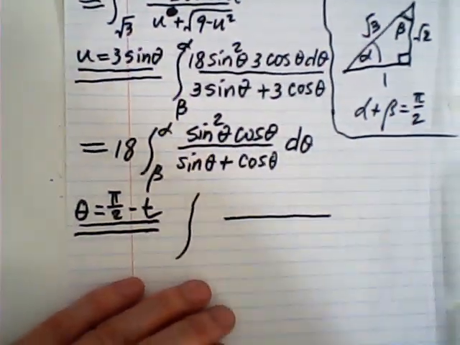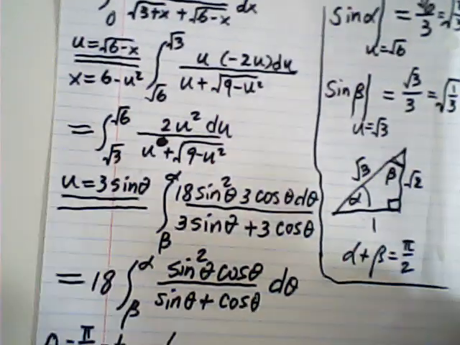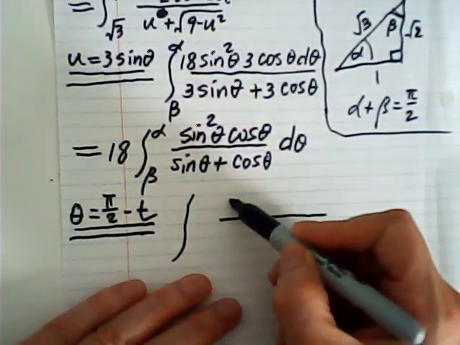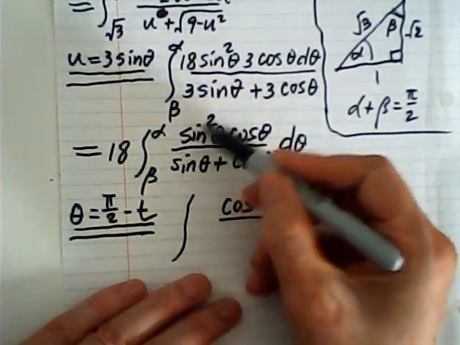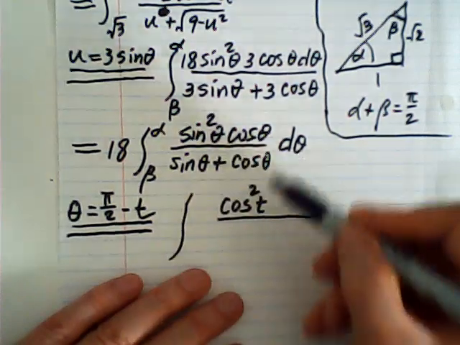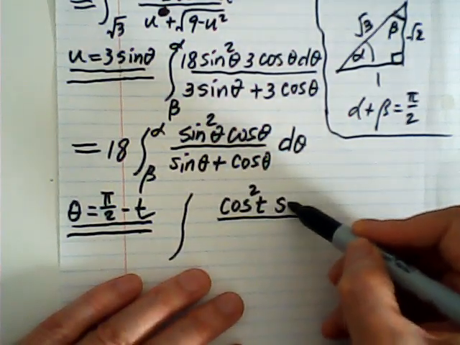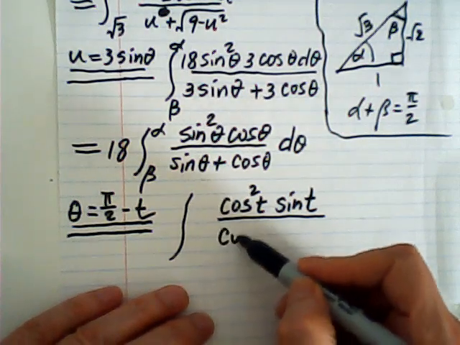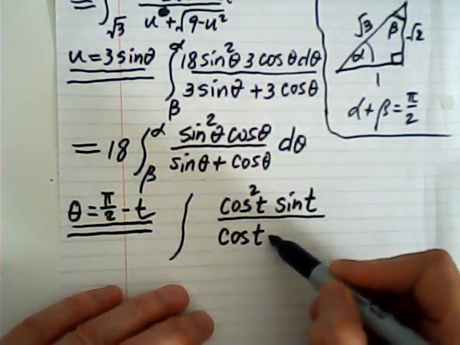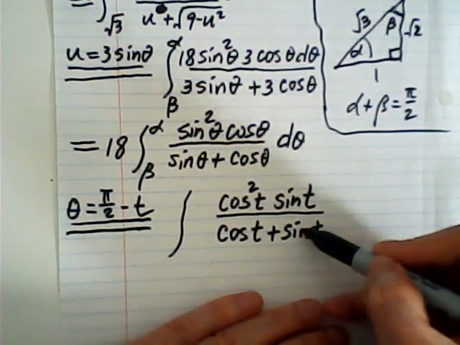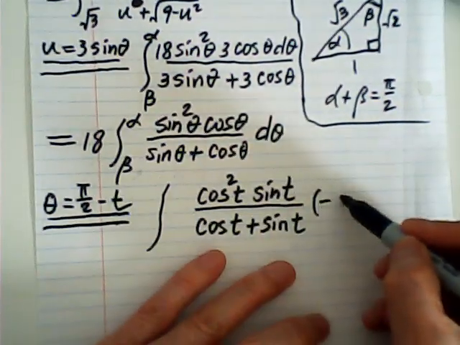I'll write slowly because I don't want to have any mistake. Sine becomes cosine t, and cosine becomes sine t, for obvious reasons. And d theta is negative dt.